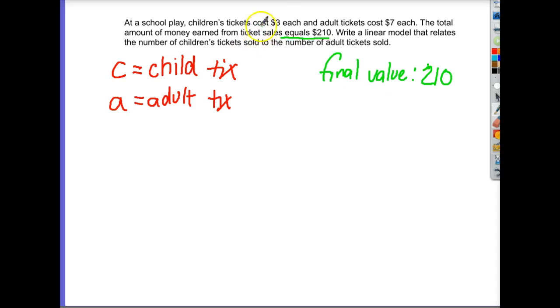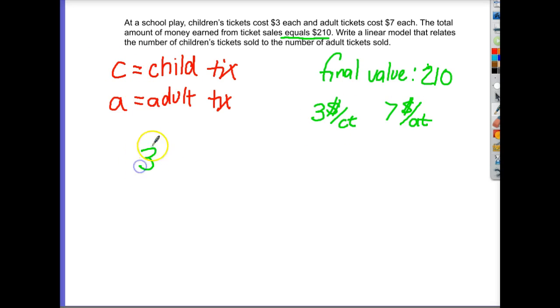Do I have any rates? Well, yes. So I have $3 per child's ticket, right? I have $7 per adult ticket. Those are two rates. I have two rates here. So how am I going to do that? Well, let's just match it up. This is the information we have. 3 goes with child's tickets, right?